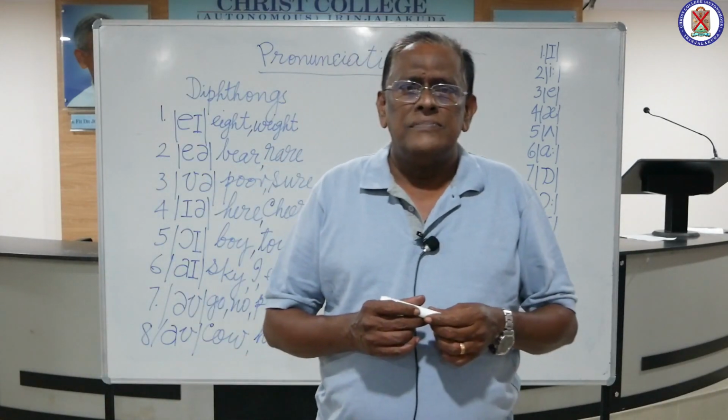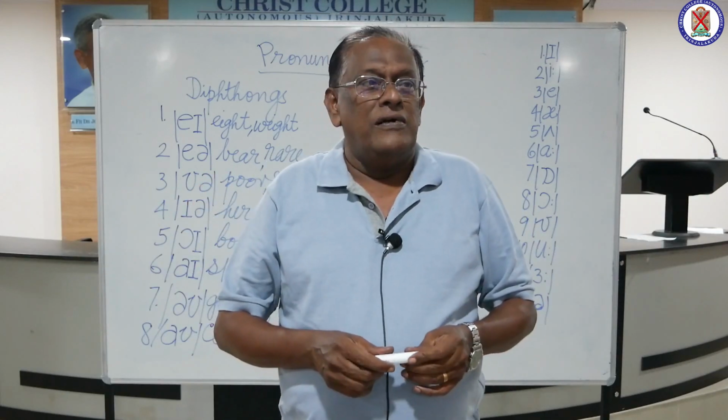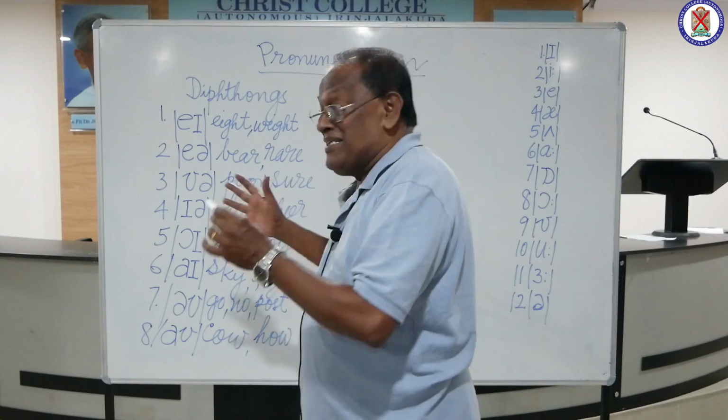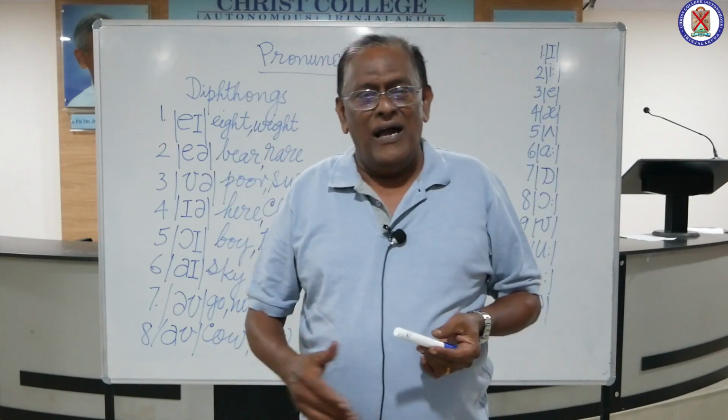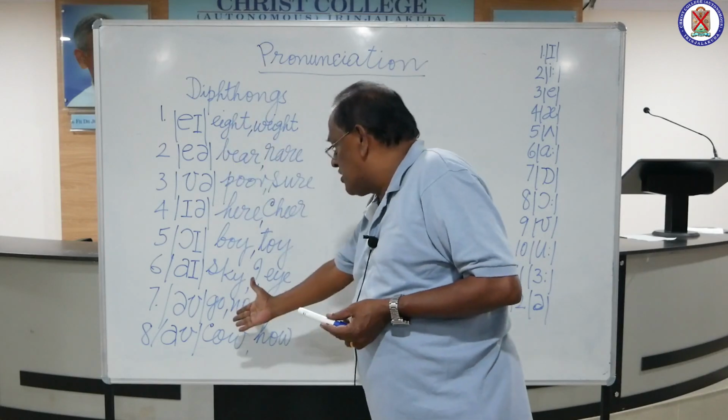Now, it may be surprising to at least a few of you how to keep these symbols in mind. It is very simple because I have explained to you the sound.